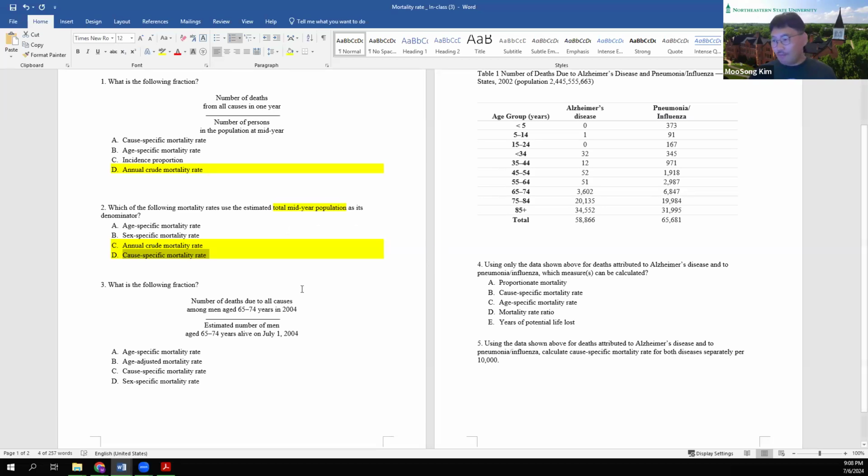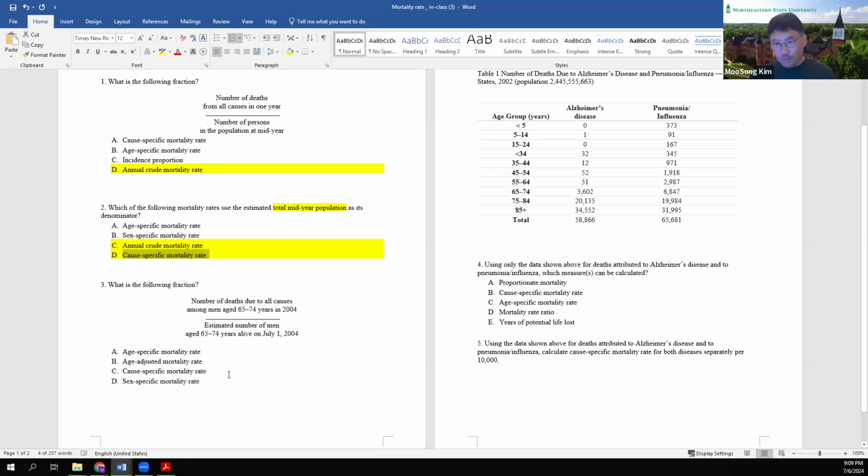What is the following fraction in question 3? Number of deaths due to all causes among men ages 65 to 74, over estimated number of men aged 65 to 74 years alive on July 1st. So which one? Sex-specific? No. Cause-specific? No. Age-adjusted mortality rate?